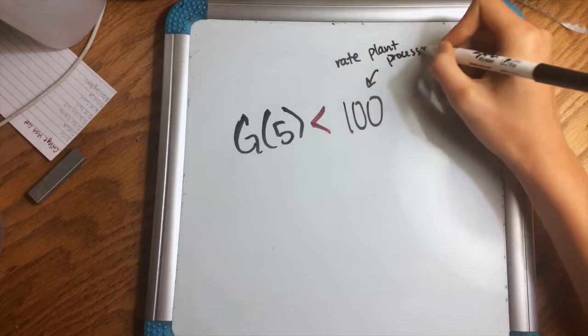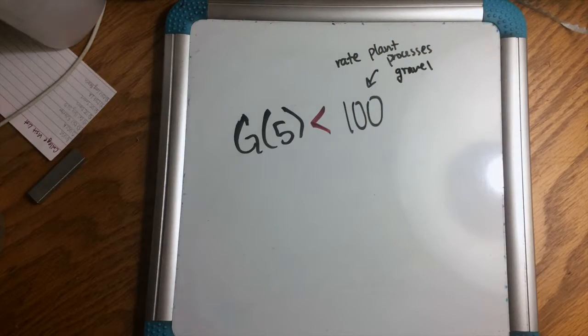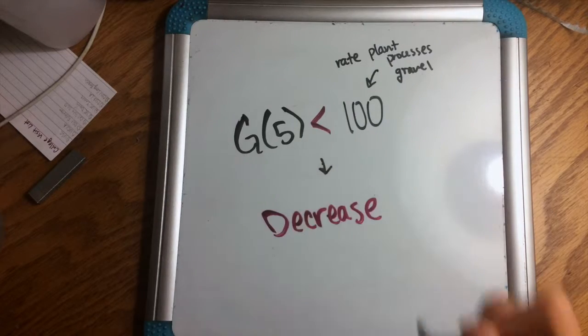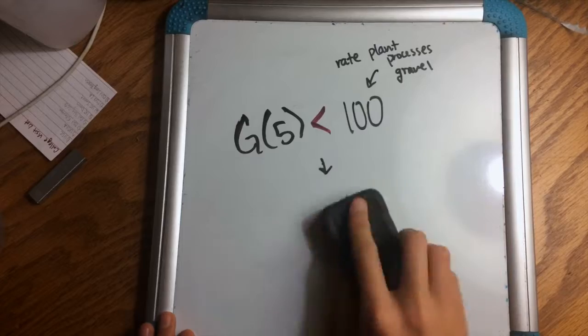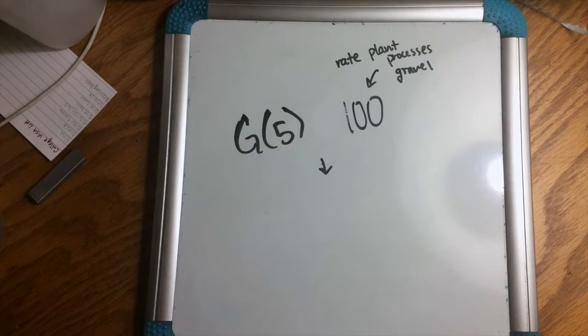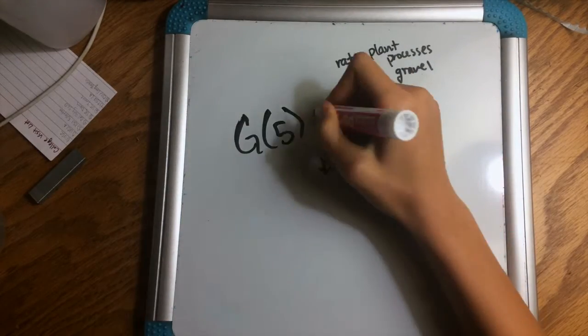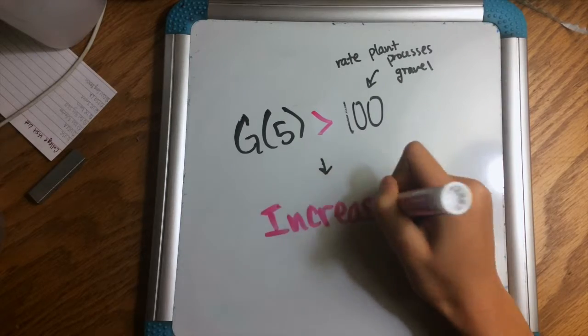And if g of 5 is less than 100, which is the rate that the plant processes gravel every hour, then the amount of unprocessed gravel is decreasing. But if it is more than 100, then the amount of unprocessed gravel is increasing.